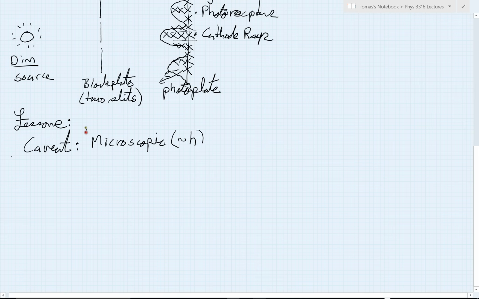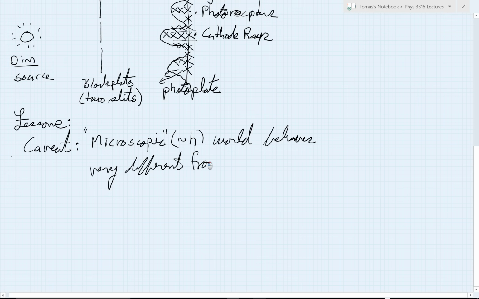This microscopic world behaves very differently from the macroscopic world that we're used to, the world of our common sense, right? Because these packets really are very tiny. So macroscopic, which we would define, is where we're talking about things that are much bigger than Planck's constant.